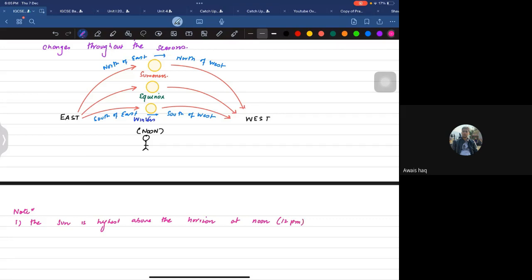Okay, and then in the northern hemisphere, the daylight hours are longest up until roughly the 21st June.